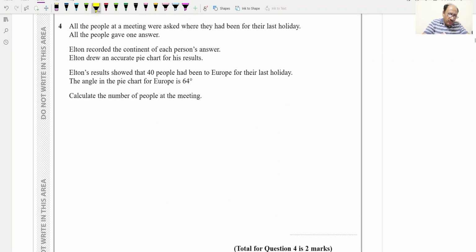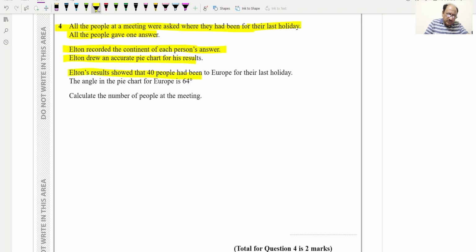Now question number 4: all the people at a meeting were asked where they had been for their last holiday. All the people gave one answer. Elton recorded the continent of each person's answer, and he drew an accurate pie chart for this result.